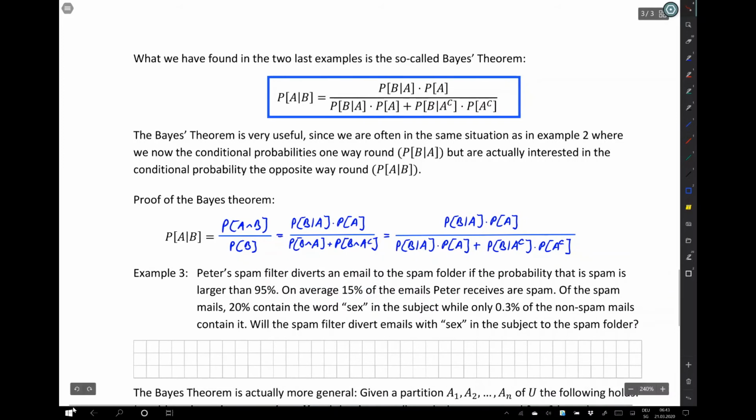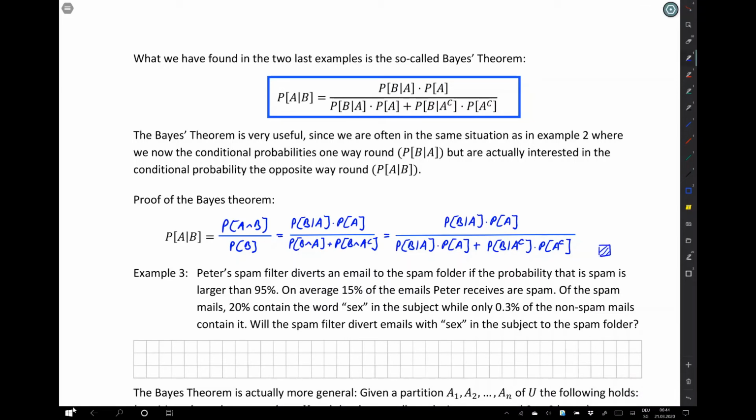And then the probability of B and A is again probability of B given A times probability of A, and probability of B and A complement is probability of B given A complement times probability of A complement, which is exactly what we wanted to show.